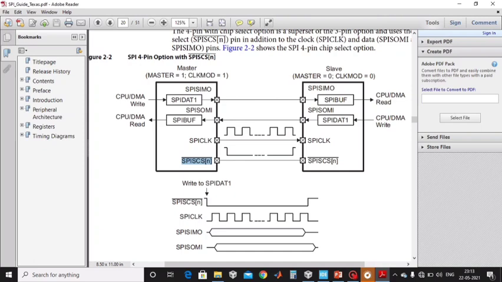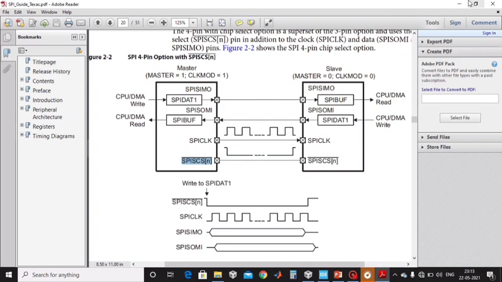Now a very important thing which I want to clear right now is that there is no rule on data frame for the SPI communication. If you know about the Modbus protocol, then specific frames are there in the Modbus protocol.